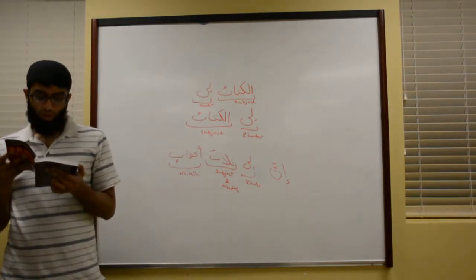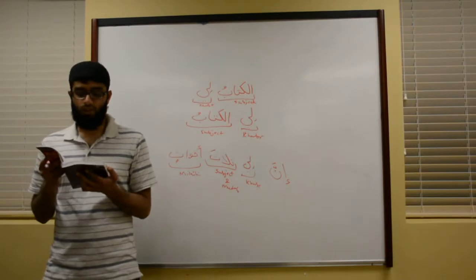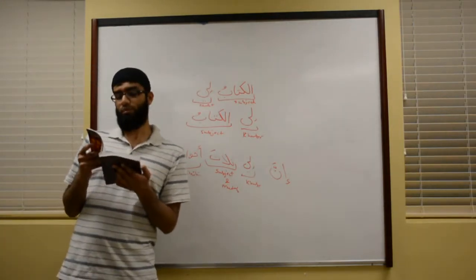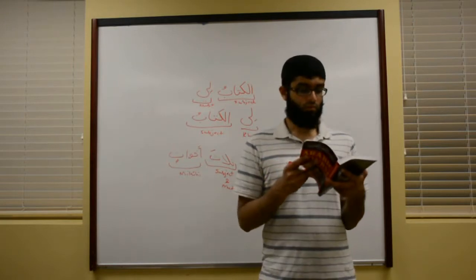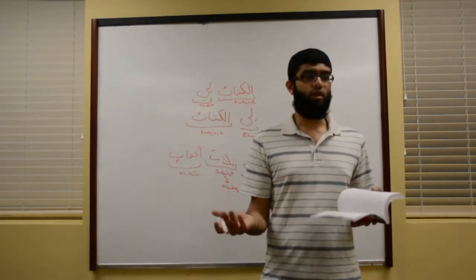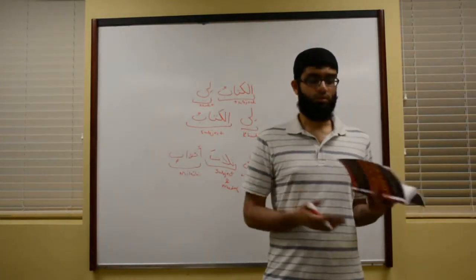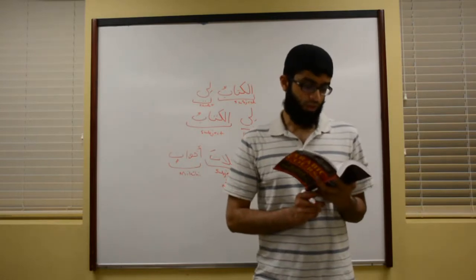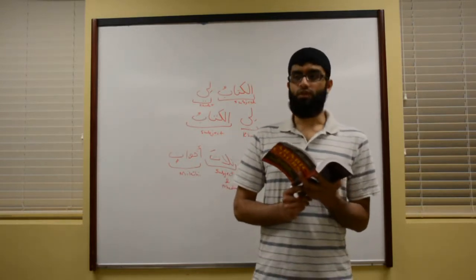All right. The first one says fil fasli khamsatu tullabin jududin. What does that mean? In the classroom there are 5 new students. There's no word for "there are." You just say fil fasli khamsatu tullabin. So put inna in front of it.